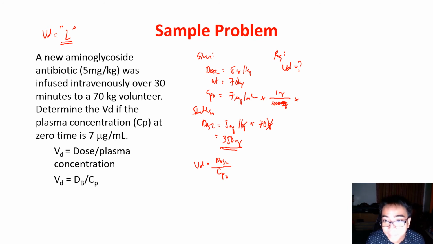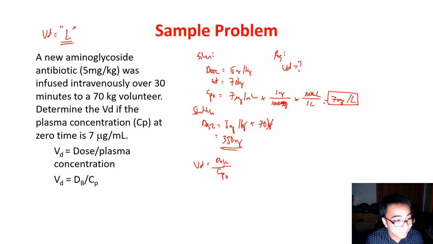And then in terms of ml, in the denominator, 1,000 ml is to 1 liter. So, what will we do here? Cancel, cancel. Actually, it's as is. So, this will be equal to 7 milligrams per liter.